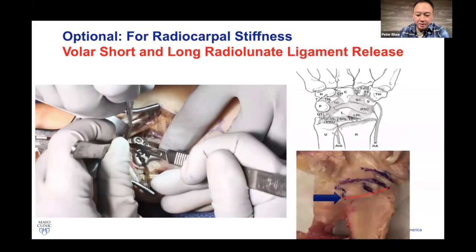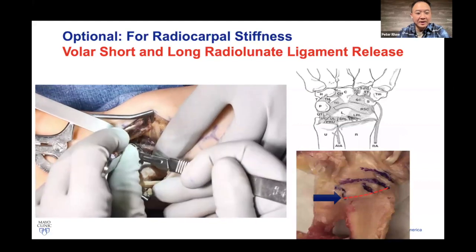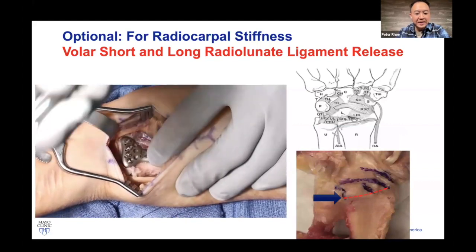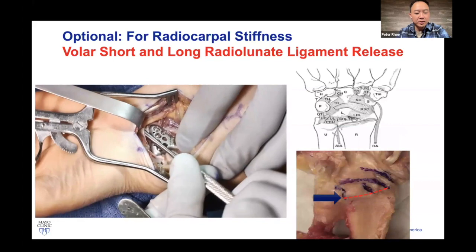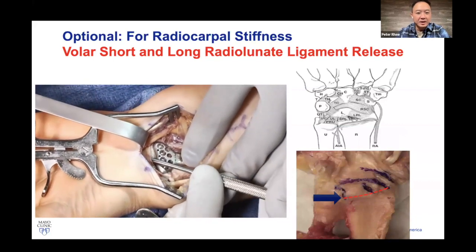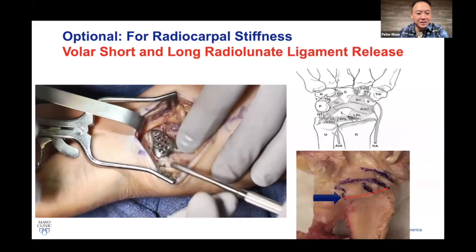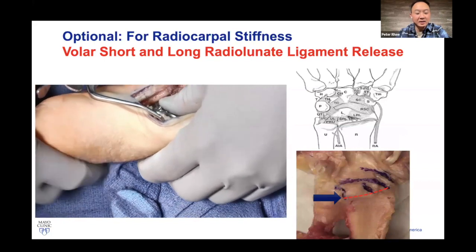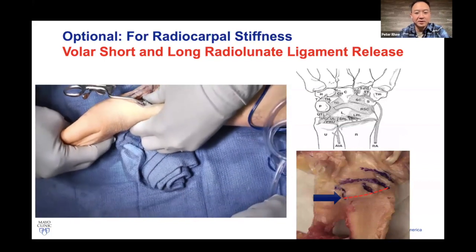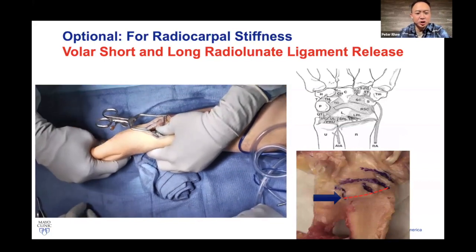I know that Paco Del Pinal had described arthroscopic releases, and I know the Duke group has talked about this type of extrinsic radiocarpal ligament releases. I read those studies, and I certainly don't have the skill set to do it arthroscopically, but in this patient, she was super stiff.